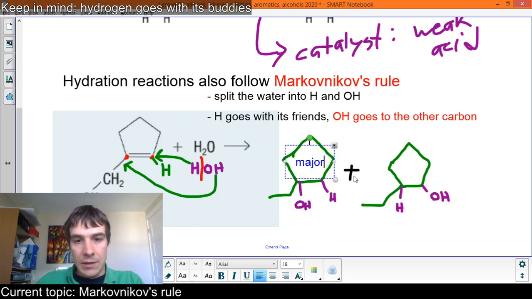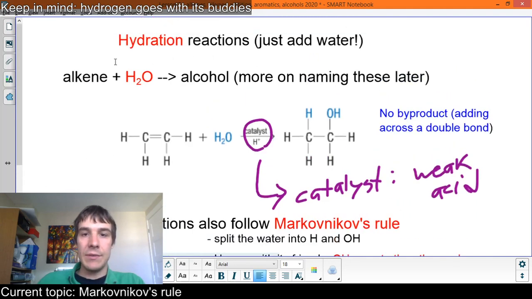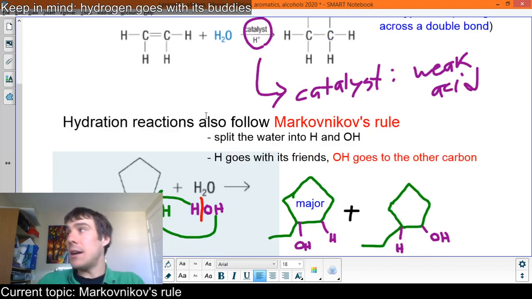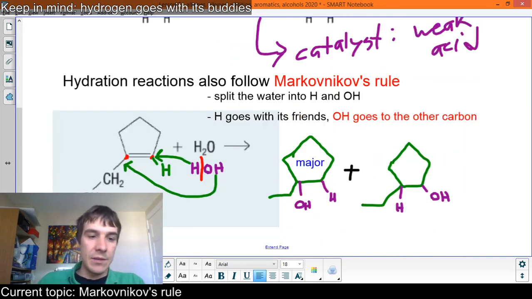So yeah, that's Markovnikov's rule. You have to remember that hydrogen goes with its buddies, and OH goes to the other carbon where the double bond used to be. That is Markovnikov addition. So this is also an addition reaction. Yeah, so a bunch of addition reactions.